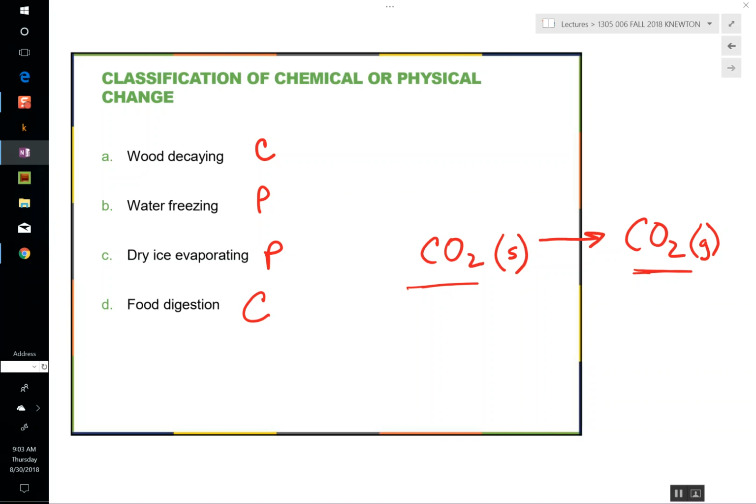Okay, and then let's take a peek at the syllabus. I think I just had one day for this topic. Yeah, so on Tuesday, we're going to get into the atom.